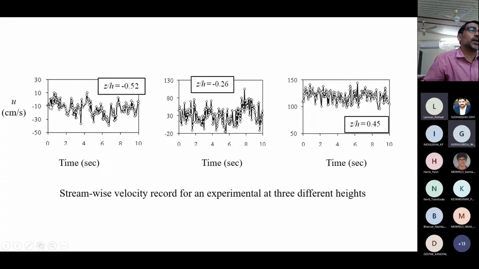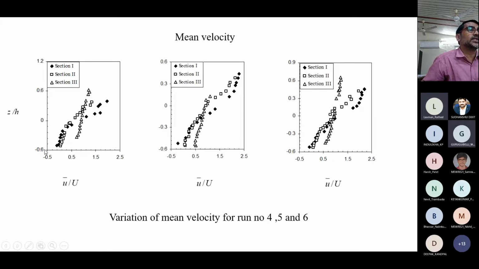So the idea to show you this was just the variation. See, when you have z by h 0.52, that means it is very near to the bed. I can go to this one. This is z by h 0.52 somewhere here, almost the first reading which was possible.